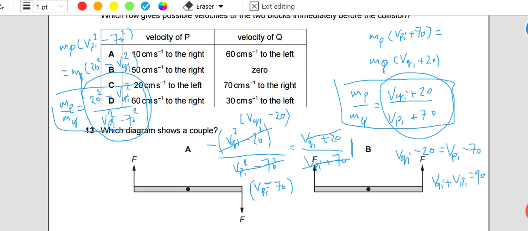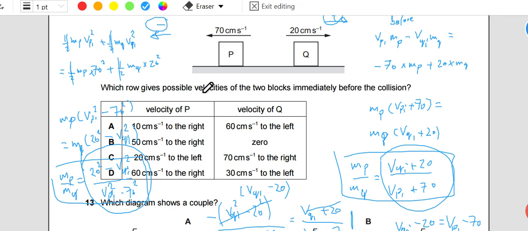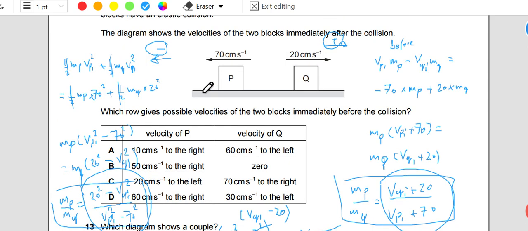But it cannot be that block Q is moving to the right and block B to the left before, because the diagram shows that after collision Q moves to the right, so before it should be moving to the left. So the answer will be D. 60 plus 30 is 90.